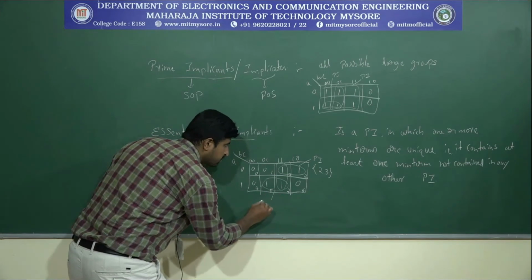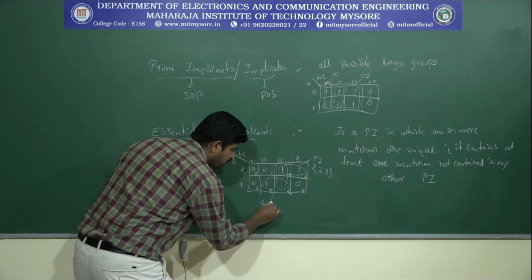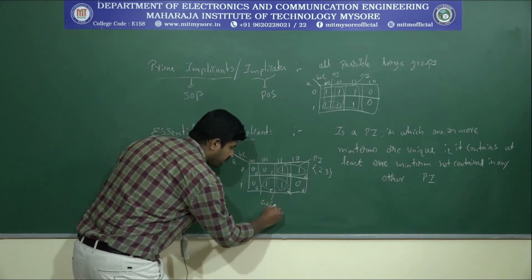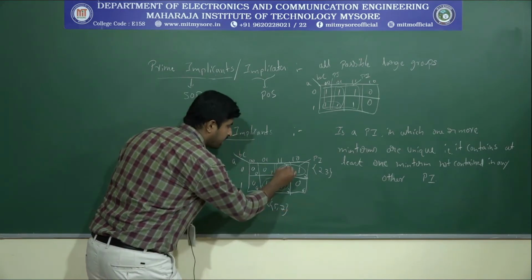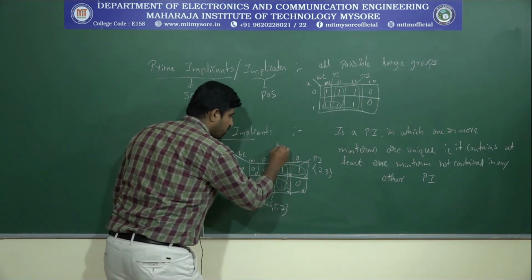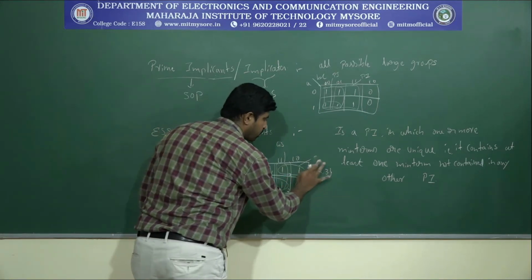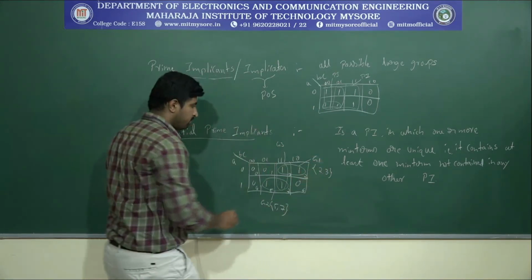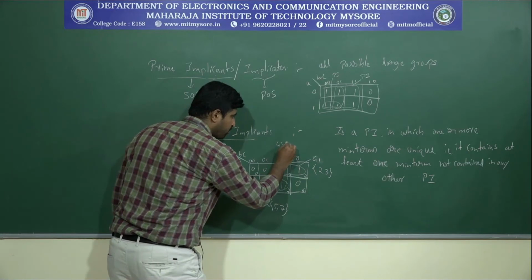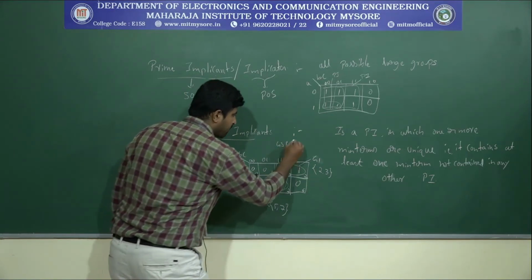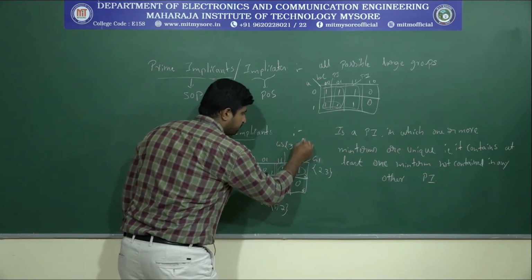This is the group formed by 5, 7, which I will call group 2. And this is one more group, group 3, formed by the cells 3, 7.